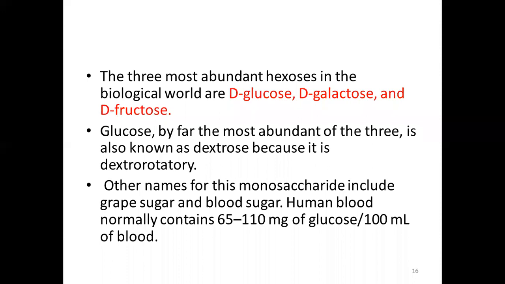So our blood also contains the sugar glucose, the monosaccharide glucose. That's why it's also named blood sugar. So aside from being named dextrose or grape sugar, glucose is also named blood sugar.